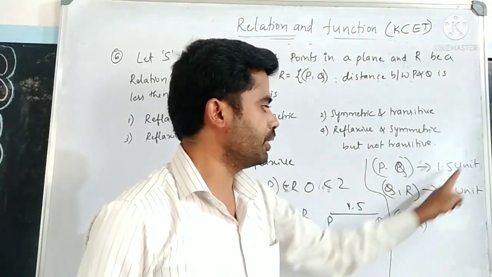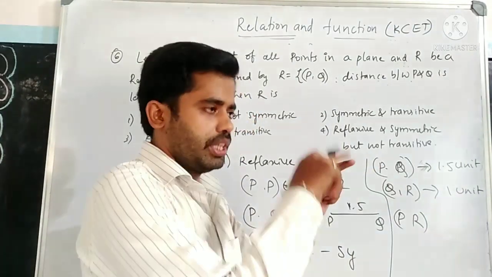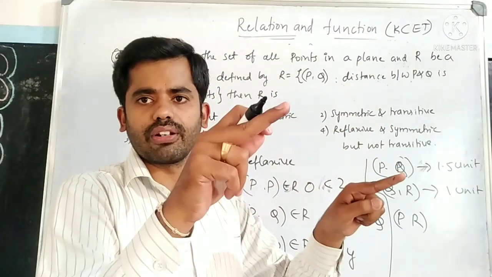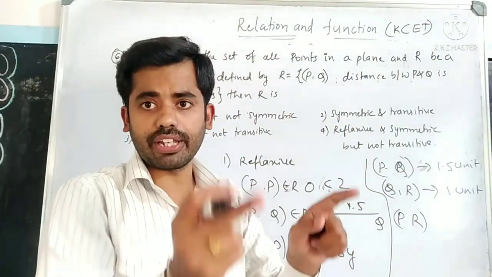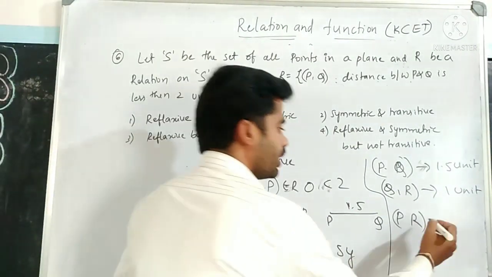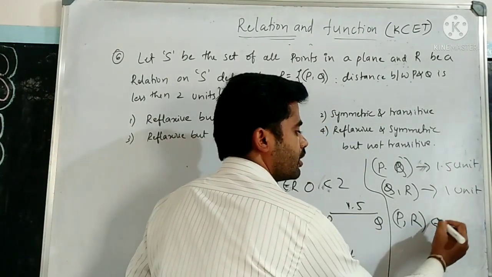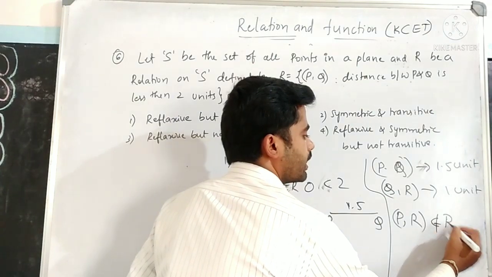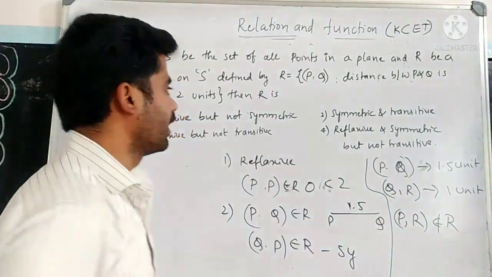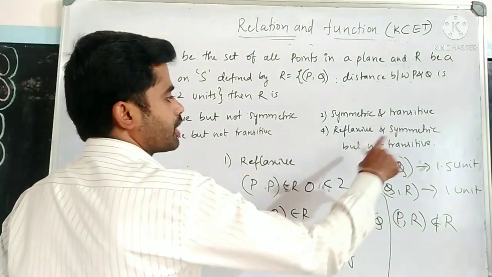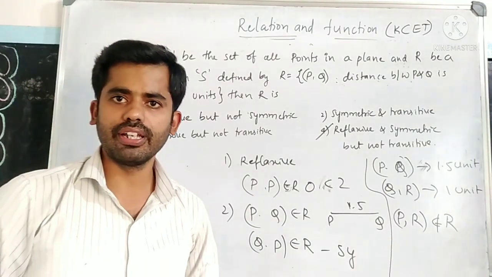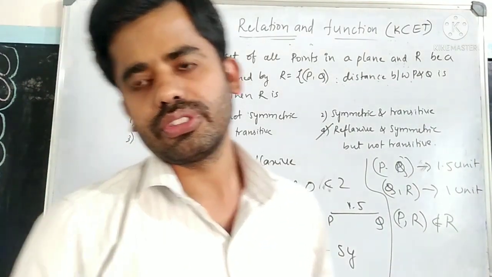This is 1.5 plus 1, P to Q, Q to R. Then that is 2.5. 2.5 is greater than 2. That's why (P, R) does not belong to the relation. Hence, it is not a transitive relation. Hence, it is reflexive, symmetric but not transitive. This is our right answer. Okay, agree?